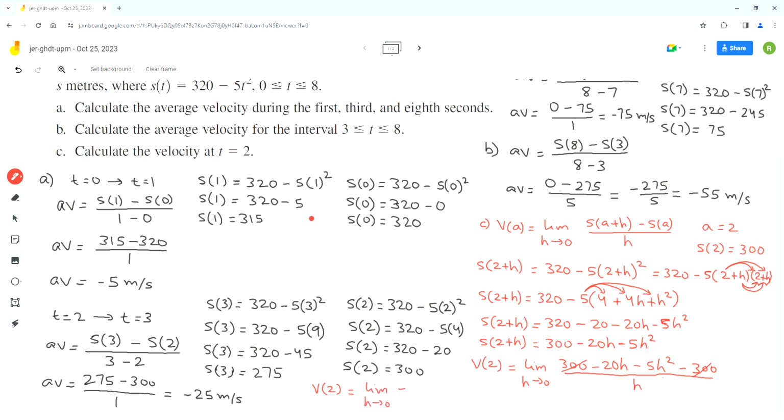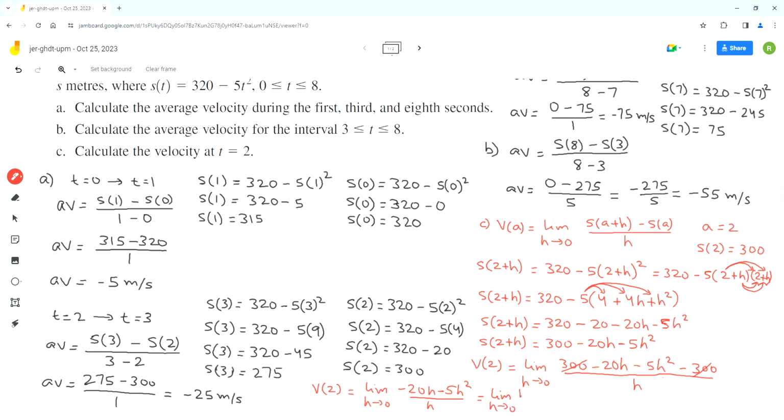Negative 20h minus 5h squared over h. We have to cancel out the h in the denominator, because if we apply the limit, then the denominator will become equal to 0. So that way the expression will become undefined. So we can factor out an h from the numerator.